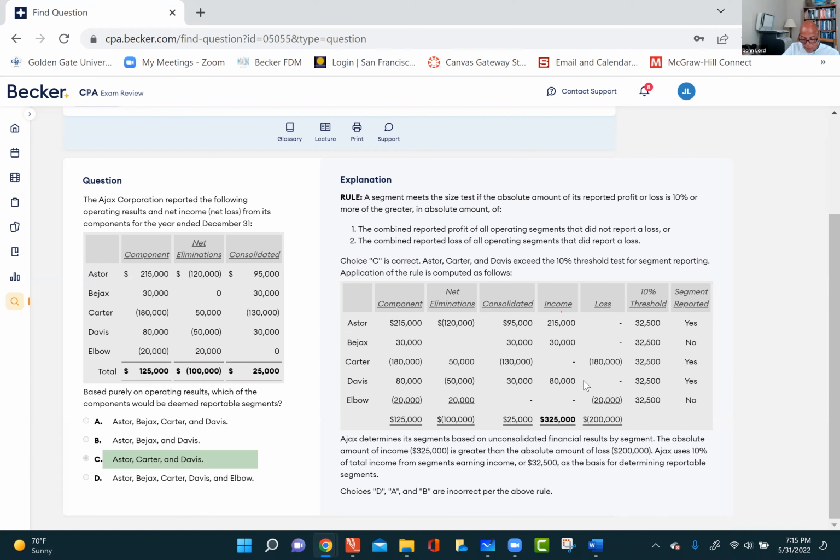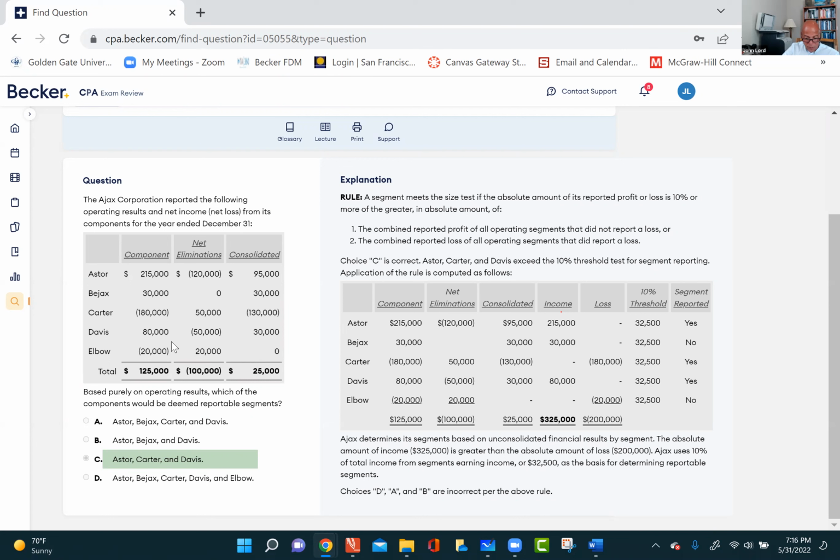When they add up the profitable and add up the losers, the profit has a higher absolute value, doesn't it? So they take that 325,000, multiply it by 10%, and any segment that has a profit or loss greater than that 10% number will be a reportable segment.